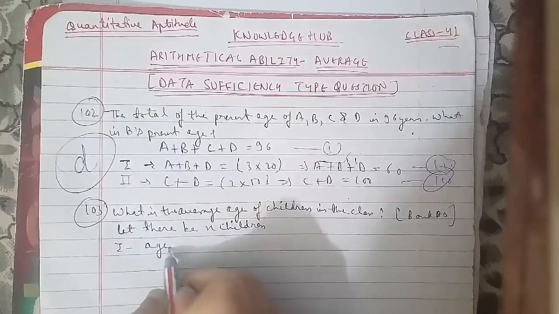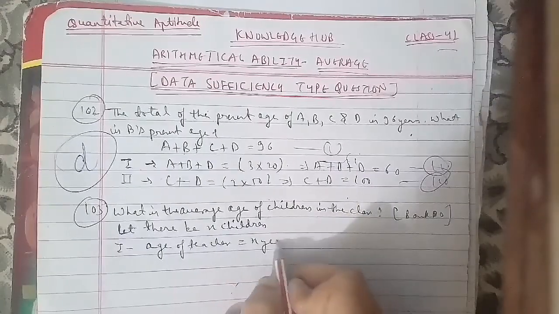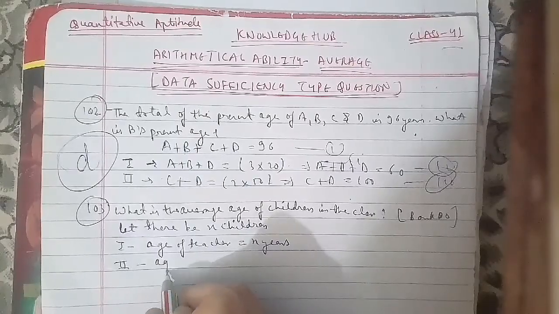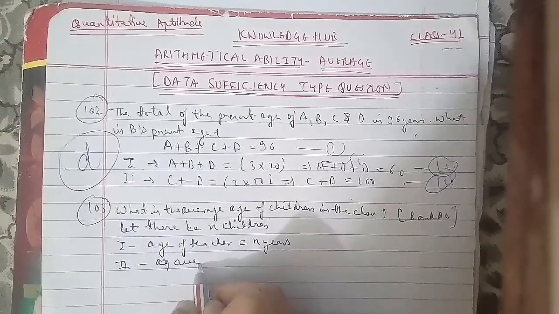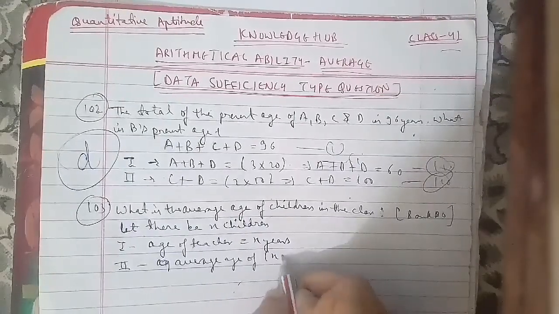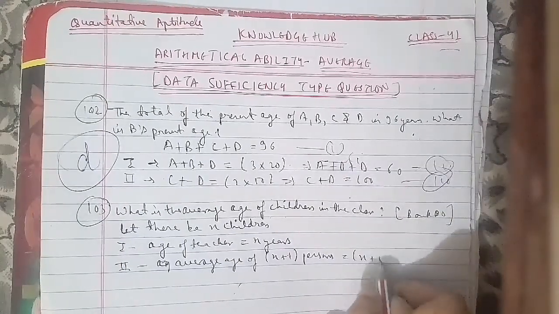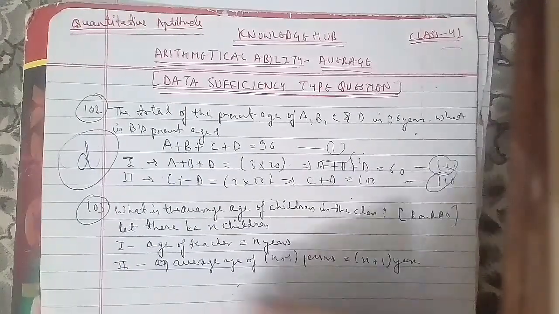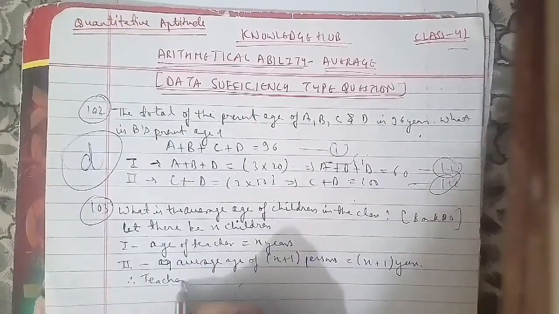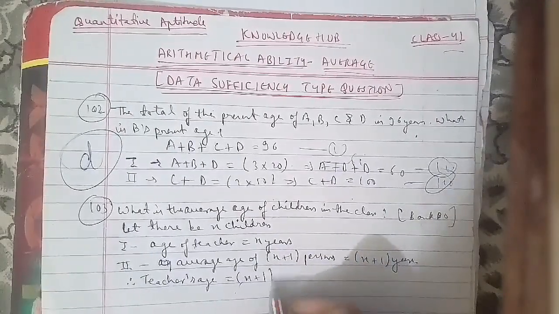So the teacher's age equals (X plus 1) squared minus X squared. If we open it out we get X squared plus 1 plus 2X minus X squared, and when we solve further, X squared is cancelled out, and we get 1 plus 2X here. So the teacher's age cannot be obtained.